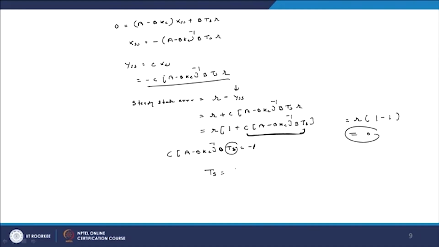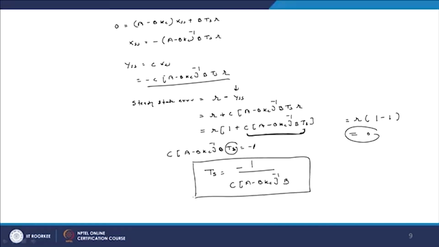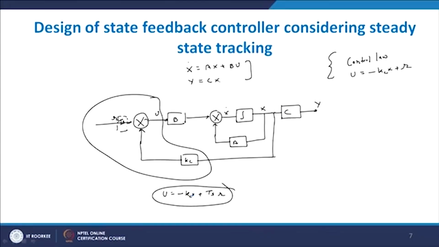So the result is Ts equal to minus 1 divided by C (A minus BK) inverse into B. This is the compensating factor for steady state error, the Ts. If we arrange Ts here, we will find that the error will be 0.